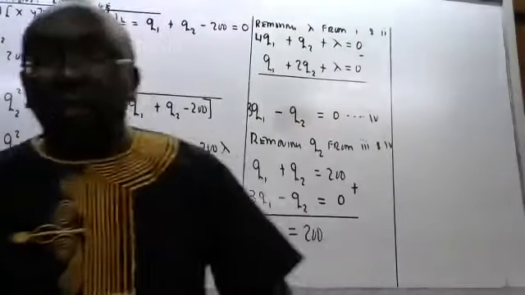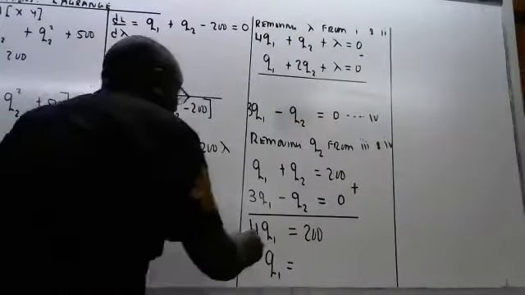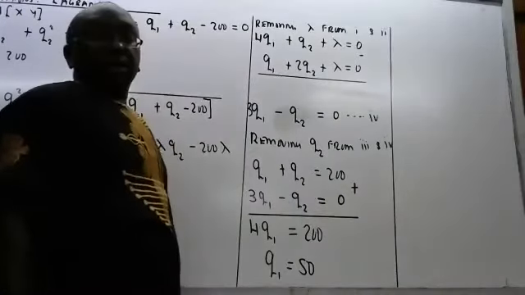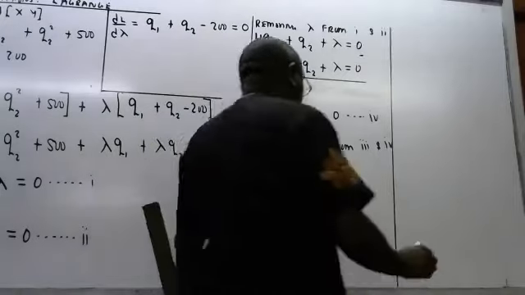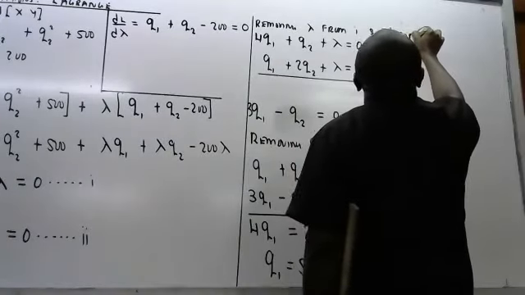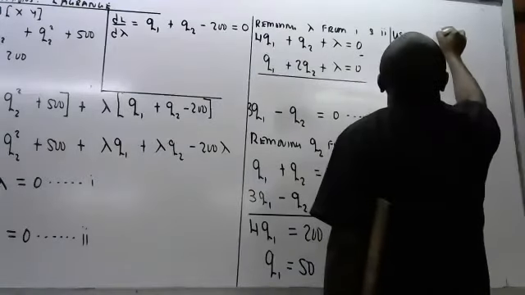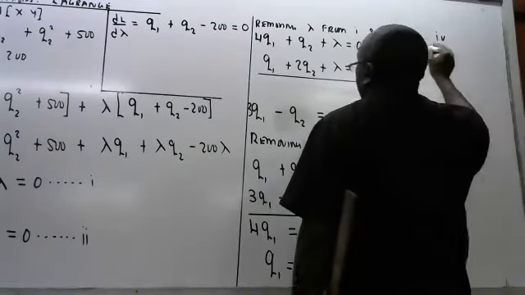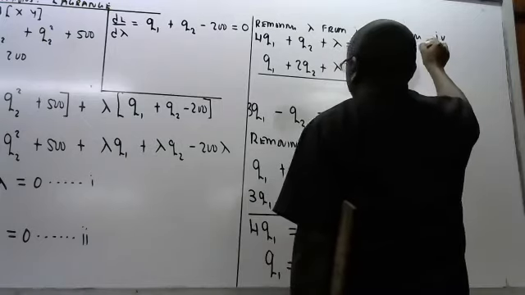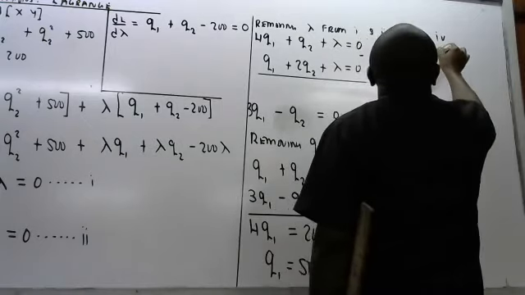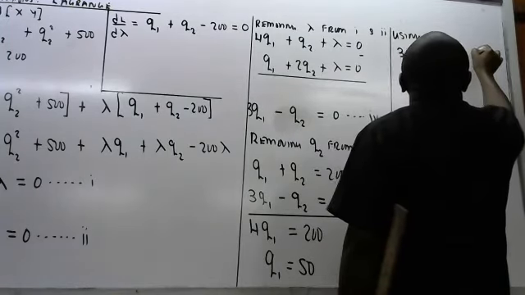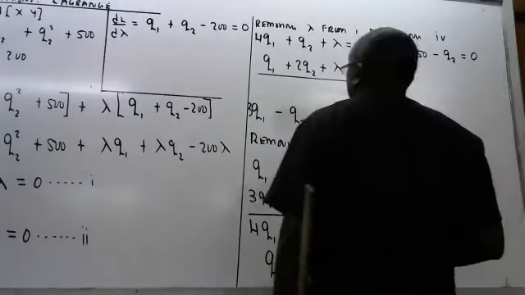Q1, yeah, good. I can see the answers coming very fast. Q1 is 50. So if Q1 is 50, then using equation 4, we have 3 times 50 minus Q2 is equal to 0.